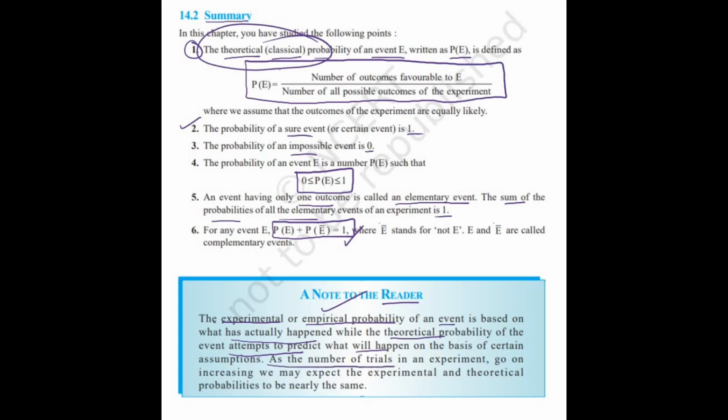As the number of trials in an experiment go on increasing, we may expect that experimental and theoretical probabilities to be nearly the same. This is what I have discussed in the beginning part of the video.